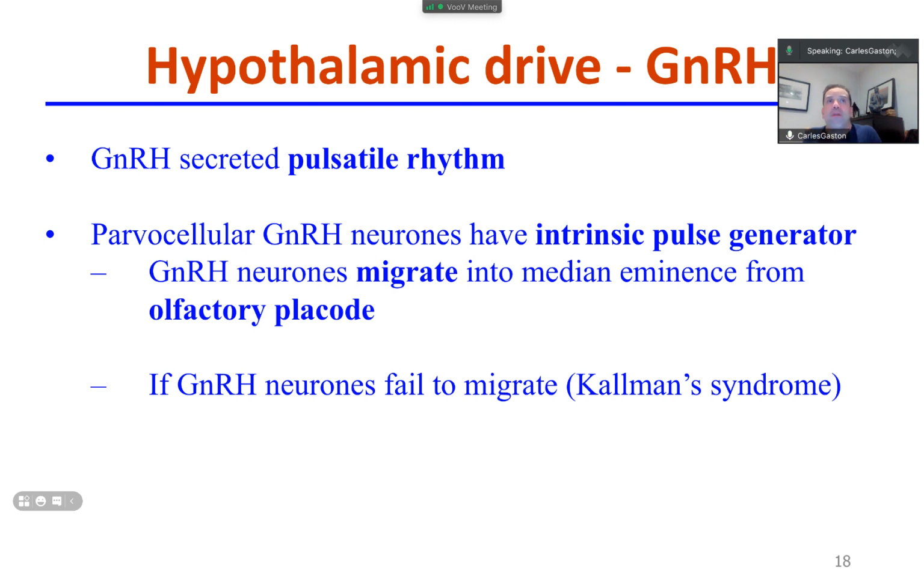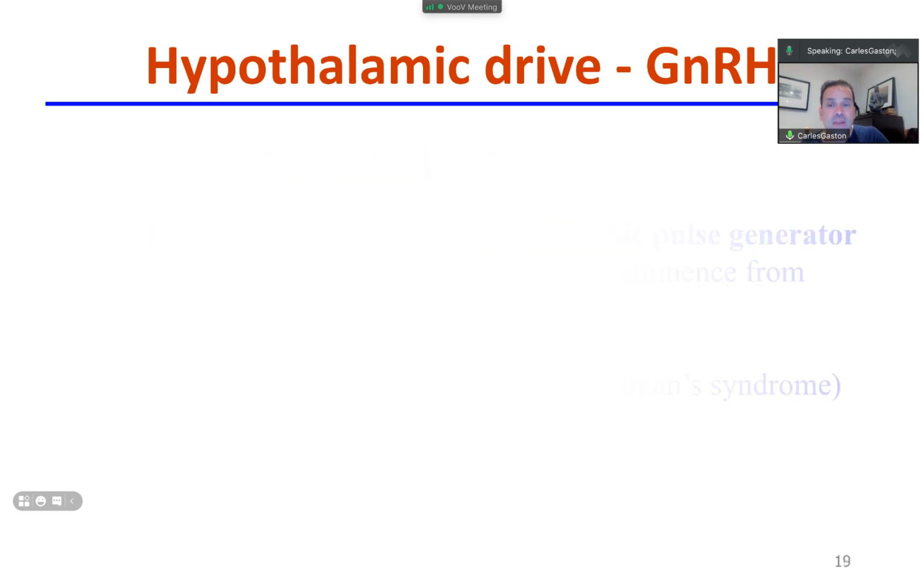If there is a problem in the formation of these neurons, either at the level of secretion or at the level of migration, they produce Kallmann syndrome or infertility because there is no GnRH from the hypothalamus.